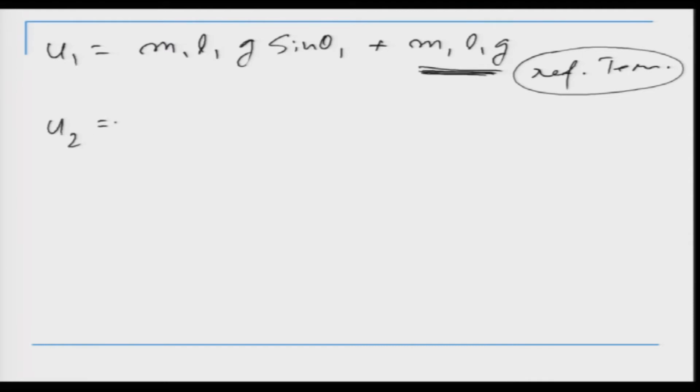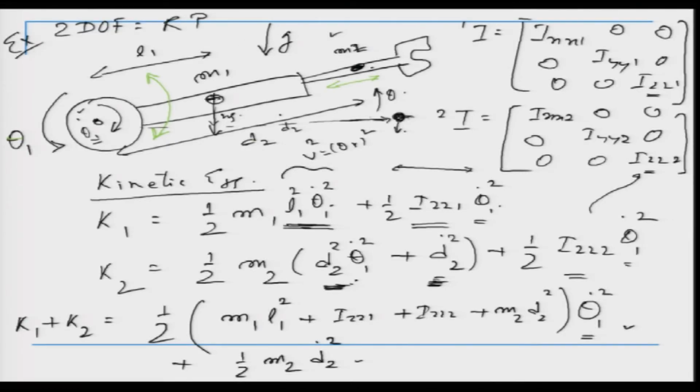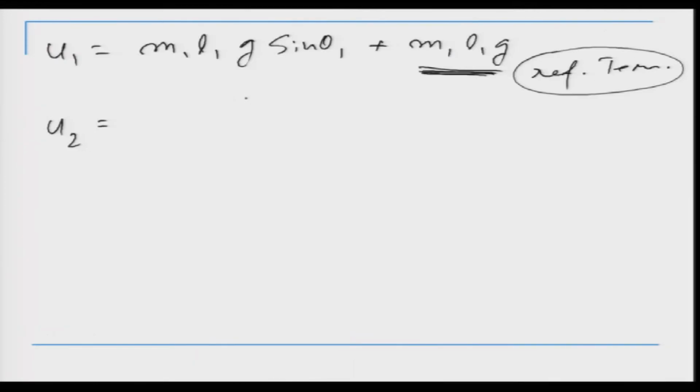The potential energy of the second link, again, we can have a look at this. So, the potential energy of the second link is going to be, so this is my mass 2, this is going to be moving in this direction. Okay. Now, because this theta is moving, there is an angle theta, so the component of theta also will be there. So, it is m2 d2 g sin theta 1, similar to this.